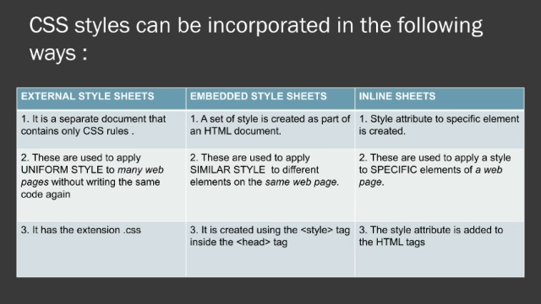These external style sheets are separate documents that contain only the CSS rules. These are basically applied to many web pages in a uniform style without writing the same code again and again. It has the extension .css.